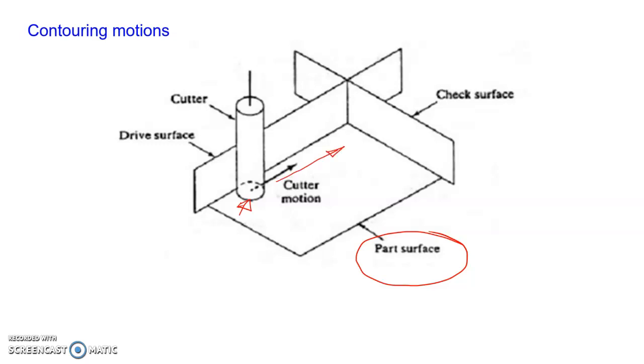The next one is the drive surface, through which the side portion of the tool is guided in this direction. Finally, there is the check surface, which denotes the end of the tool movement. That means the tool has to stop when it reaches the check surface.